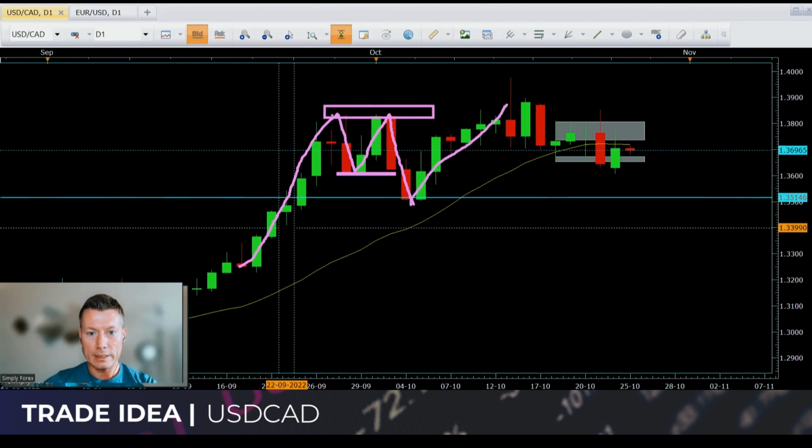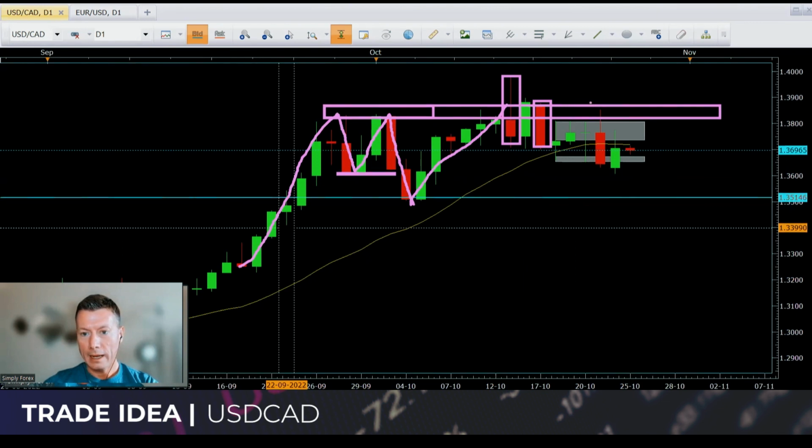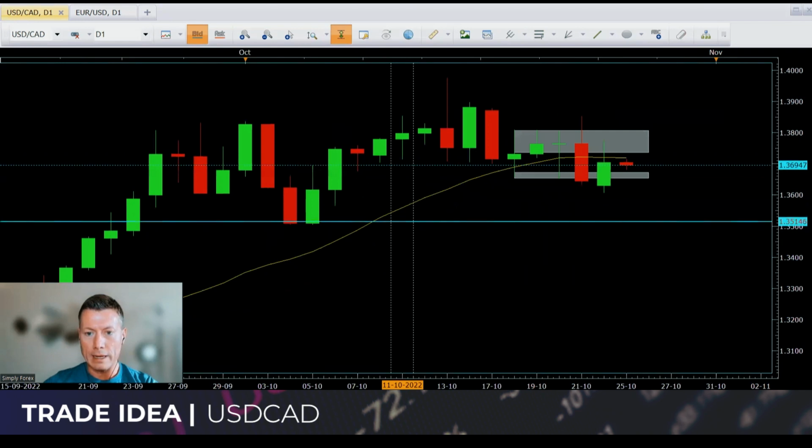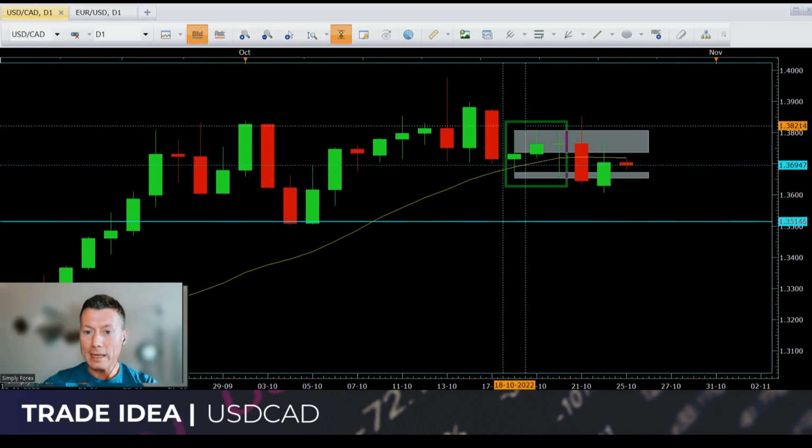And then price has come back up to these highs here, and it's just been testing them, and then testing them again. So sellers keep pushing this price down, guys. It feels to me like sellers are slowly taking control of this market downwards. If you look at all of these green candles that are fighting against the sellers, they're not as strong as the red candles.